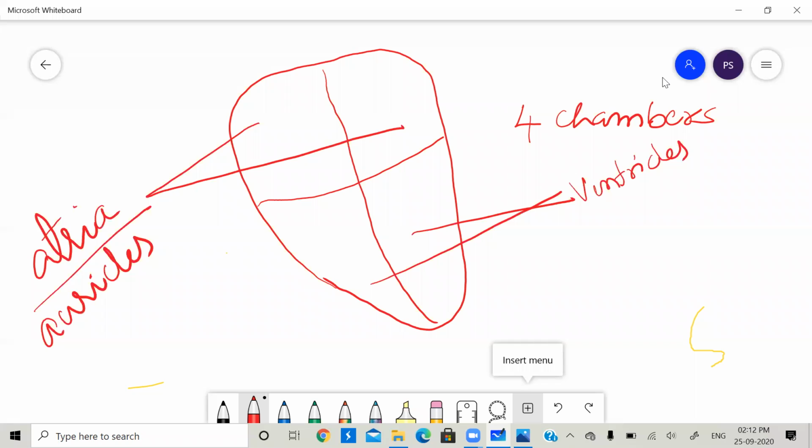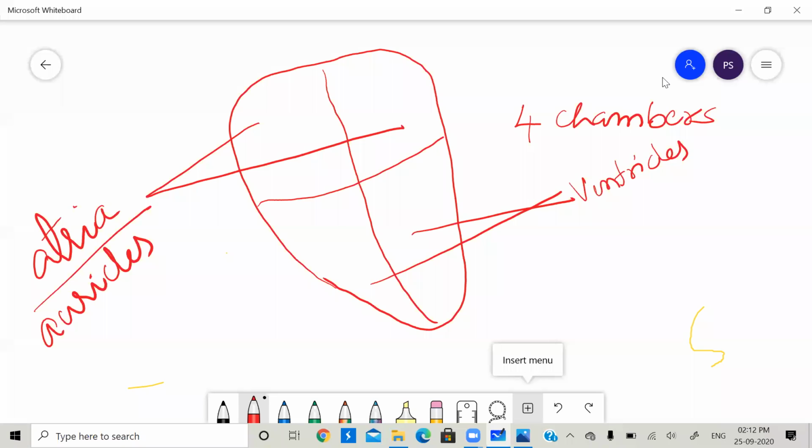Then the blood vessels are also supplied to the heart. As all the body parts are supplied with blood vessels, in the same way blood vessels are also spread in the walls of the heart.